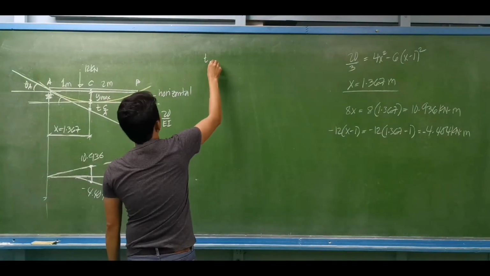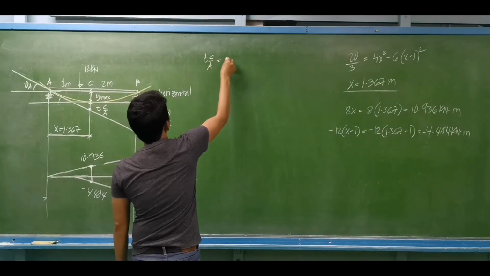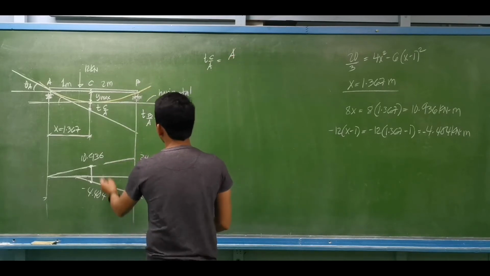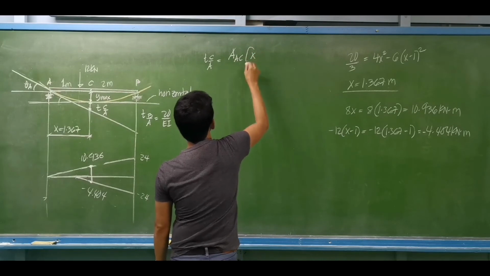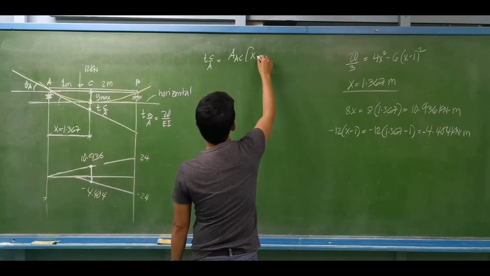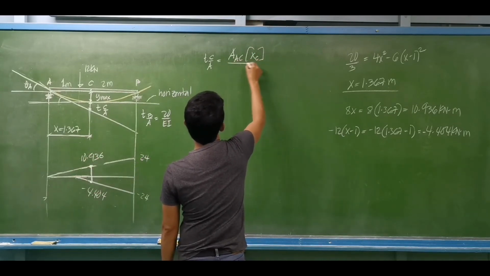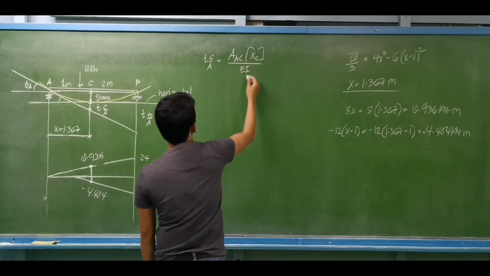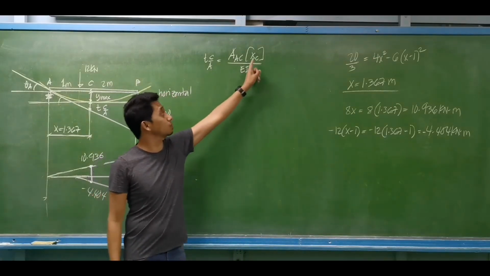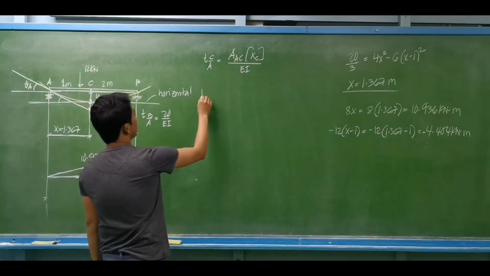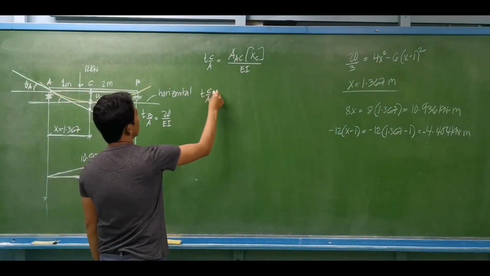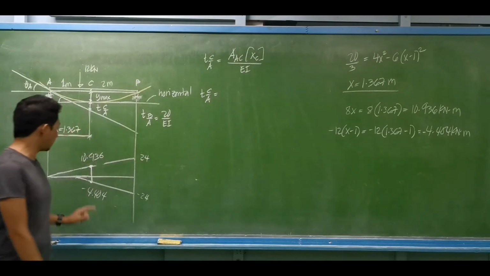Okay, so the deviation from A to C is equal to the area of the moment diagram that is between A and C, multiplied by the distance of the centroid of the moment diagram towards point C. This is divided by EI. Okay, so we have the deviation from A to C na equal to, okay, positive area.